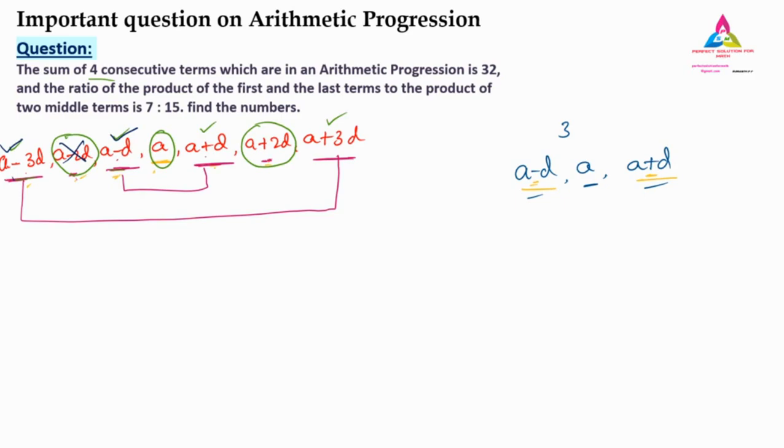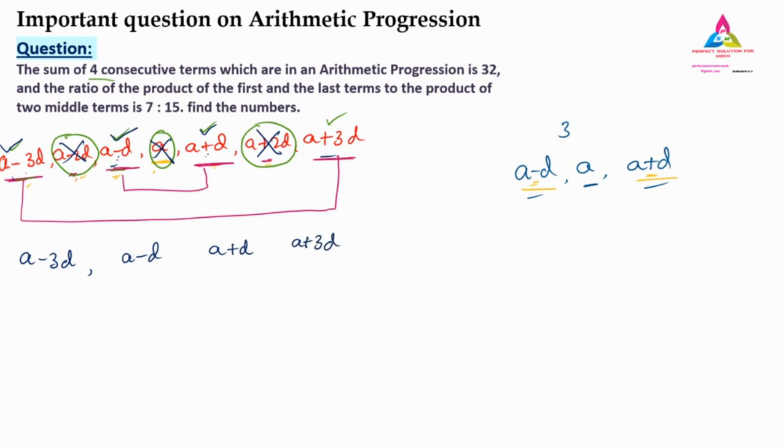Next is a minus d and a plus d. Here we have minus, here we have plus. The middle term, that is a, we have cancelled. Next we have a plus d and a plus 3d. In between we have a plus 2d, that we have cancelled. So only left are a minus 3d, next a minus d, next a plus d, and next a plus 3d.